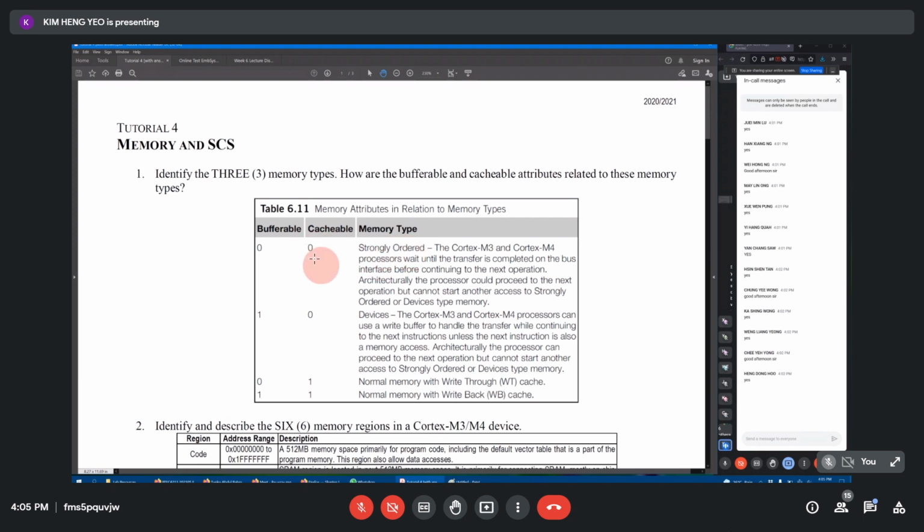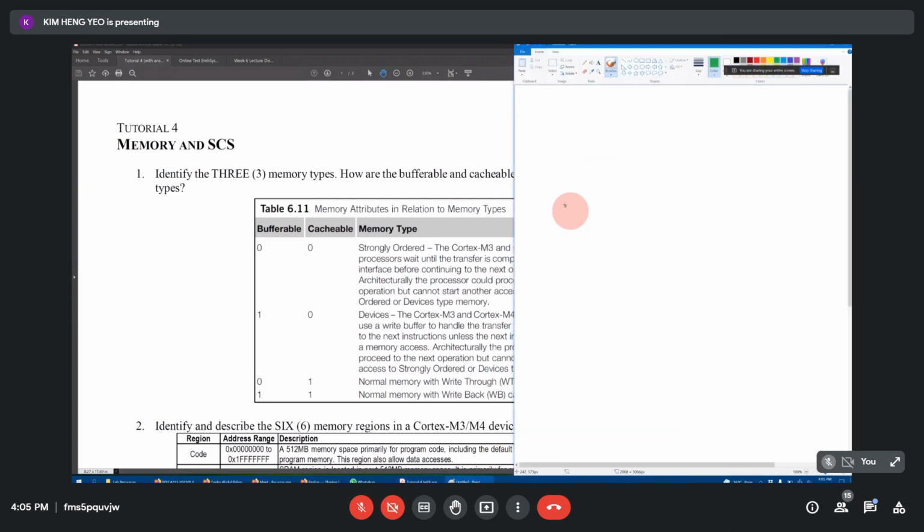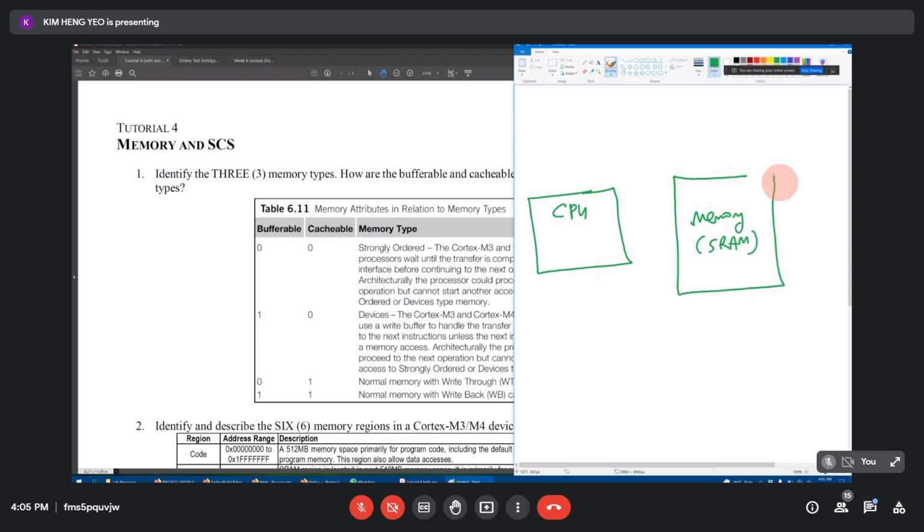And of course, when you access registers, they cannot be cached, right? The problem with cache is this: this is your processor, and your processor is really fast. This is your memory, for example your SRAM, which is slower than your processor. Let's say you have a cache here.